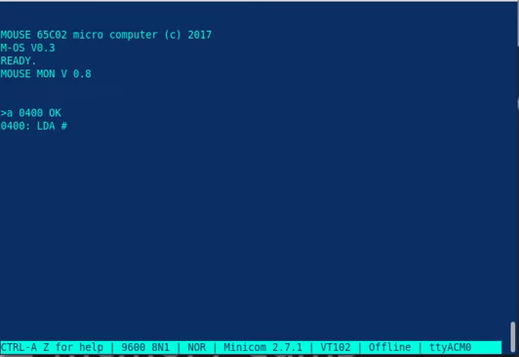Yep. Hash 0A, jump subroutine E003, LDA hash 41, which is immediate 41. I'm reading this out as I'm doing it, because as you read things out, they become embedded in your brain.